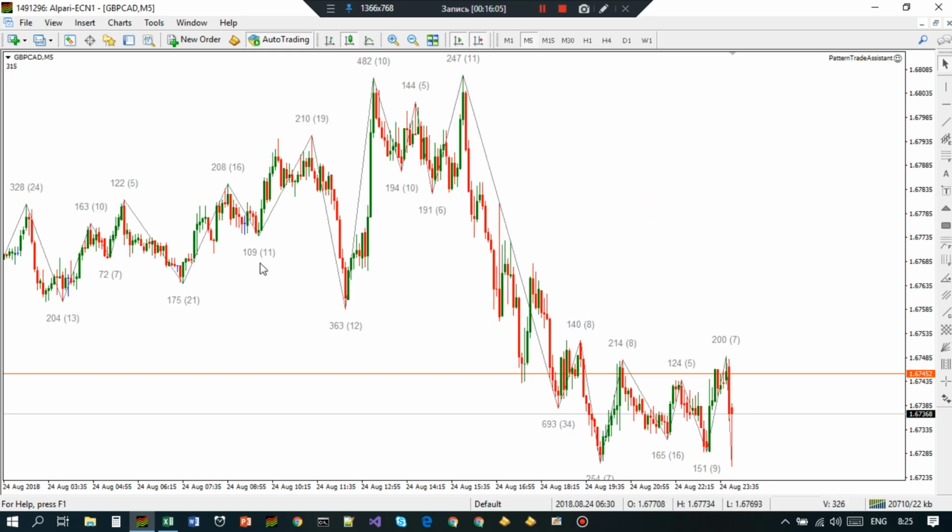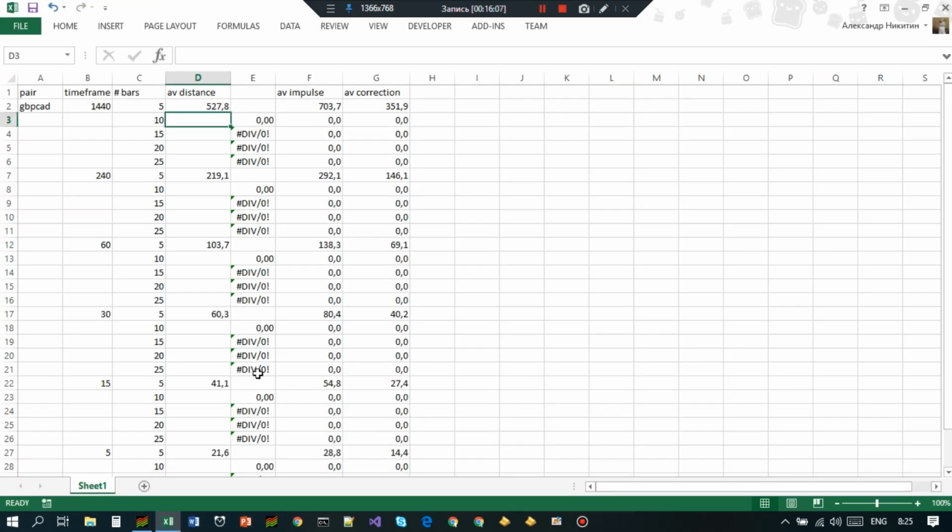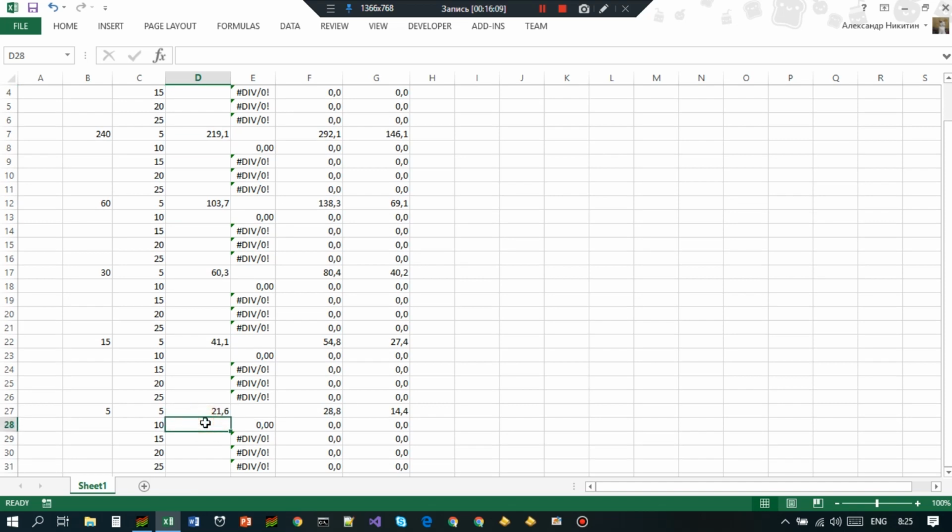Okay, in 5 minutes we have 31.5. And this is what you should pay attention to. We have 5 period extreme high, and we have 10 period extreme. With 5 period extreme we have 21 pips average pip size, and with 10 period we have 31 pips.